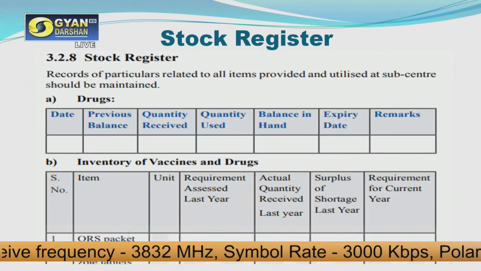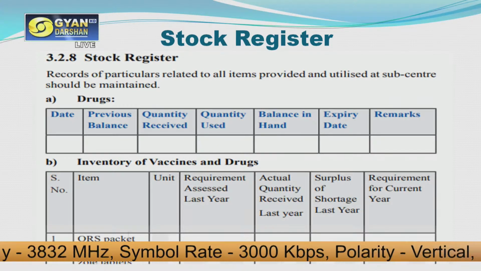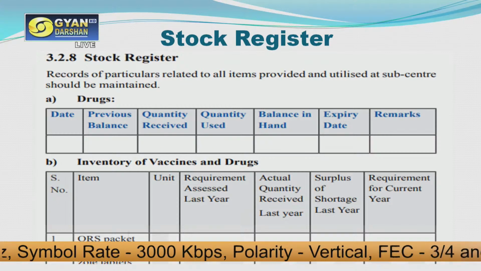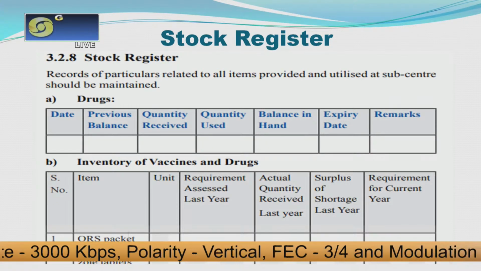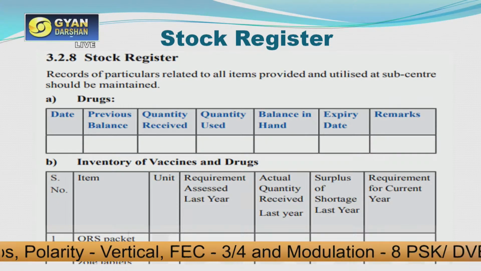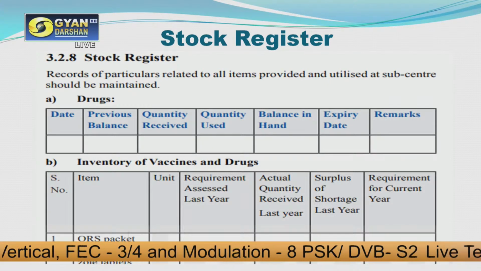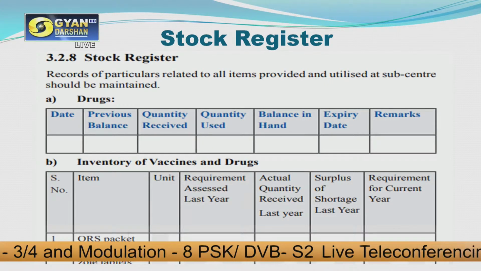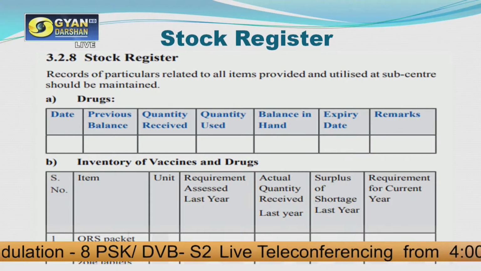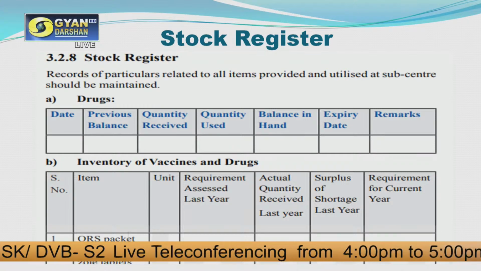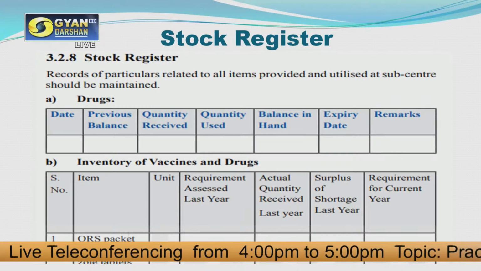Although your assessment is something, what you received may be more or less, so that is the actual. Then the surplus or shortage last year, in case any shortage was there, and the requirement for the current year. So these are the details regarding the inventory of vaccines and drugs that you can record.